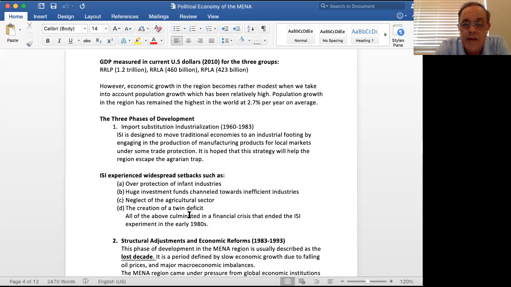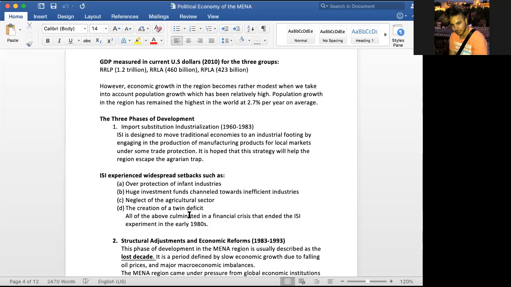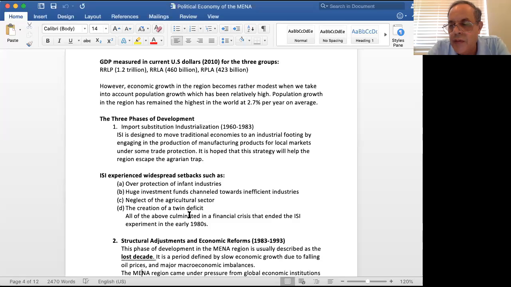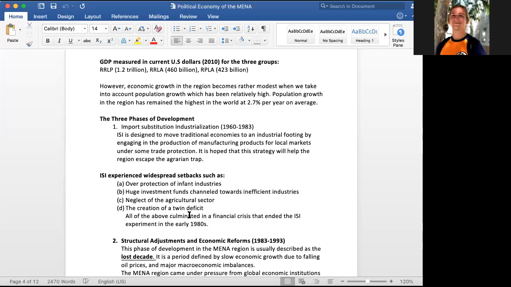As a result, this overprotection of infant industries made things worse for these industries. Why? Because of lack of competition. What do you think lack of competition would do? Anyone? Monopoly. Yeah, that's one, monopoly. And what else? Terrible quality products because there's no substitution. Exactly.